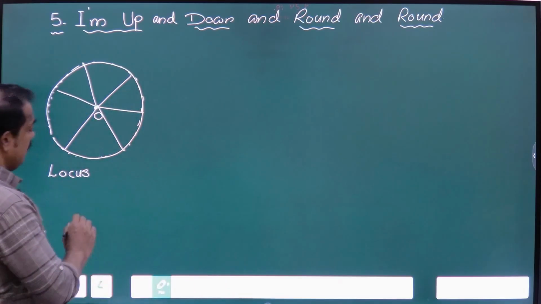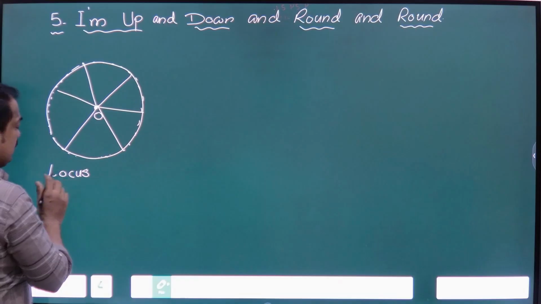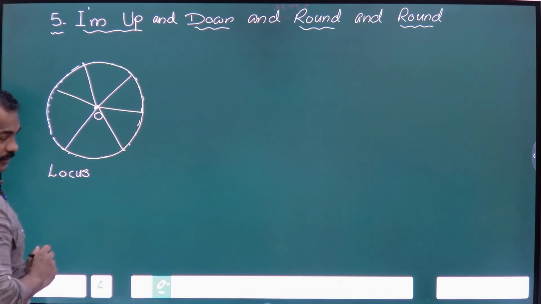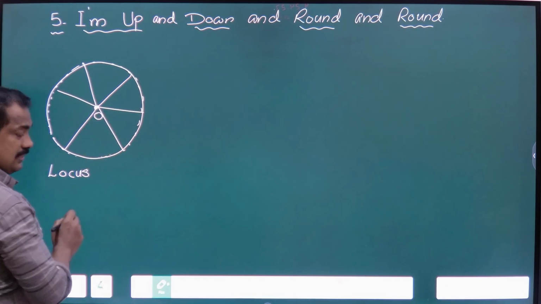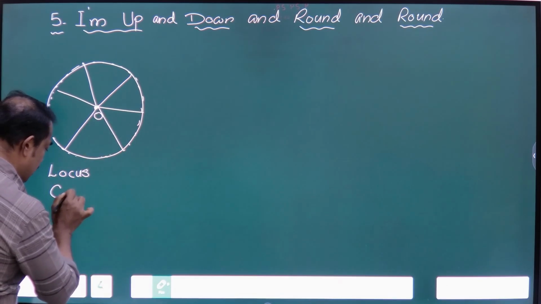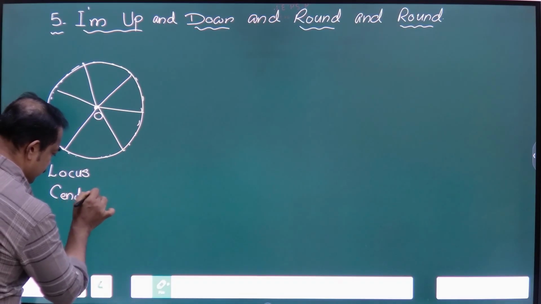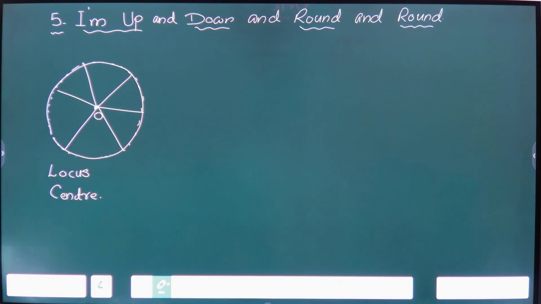All the points that satisfy the given condition are called the locus. And that fixed point is called the center.